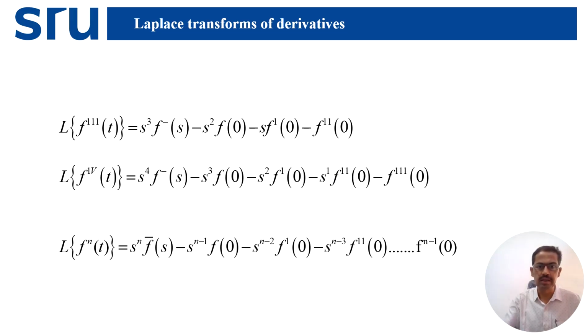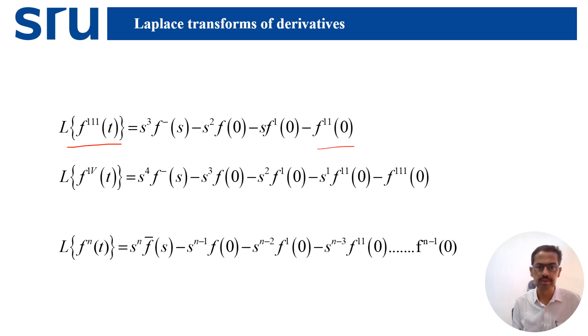Similarly, we can write the third order also. The Laplace transform of f triple dash of t is equal to s cube f bar of s minus s square f of 0 minus s into f dash of 0 minus f double dash of 0.